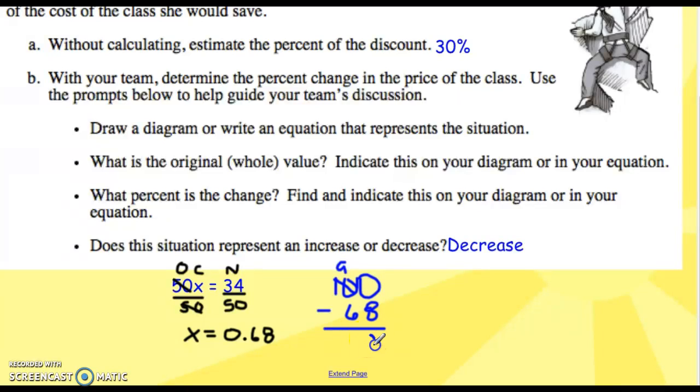So if I do the subtraction here, it looks like she will save 32%. So that's what she's asking, what the discount is. So it's a 32% discount, and she will save 32% of the total cost, and she pays 68% of the total cost.